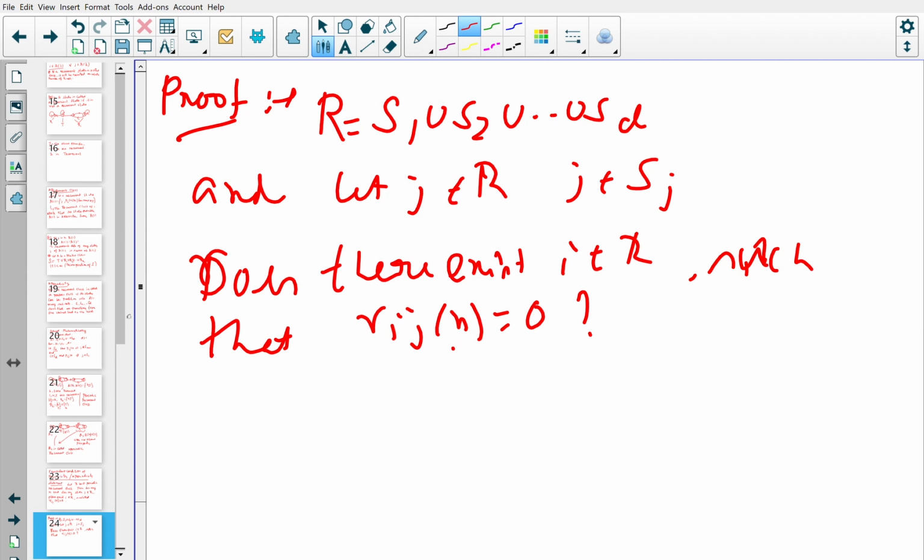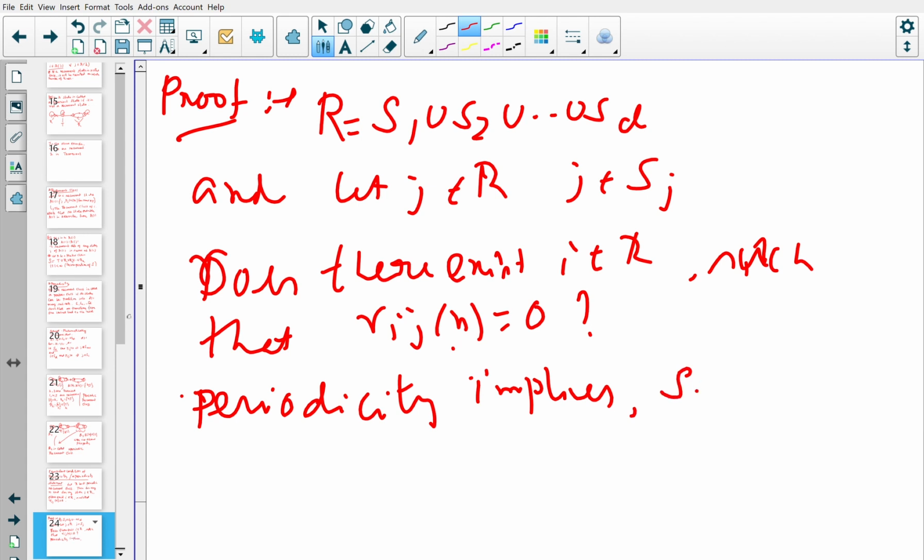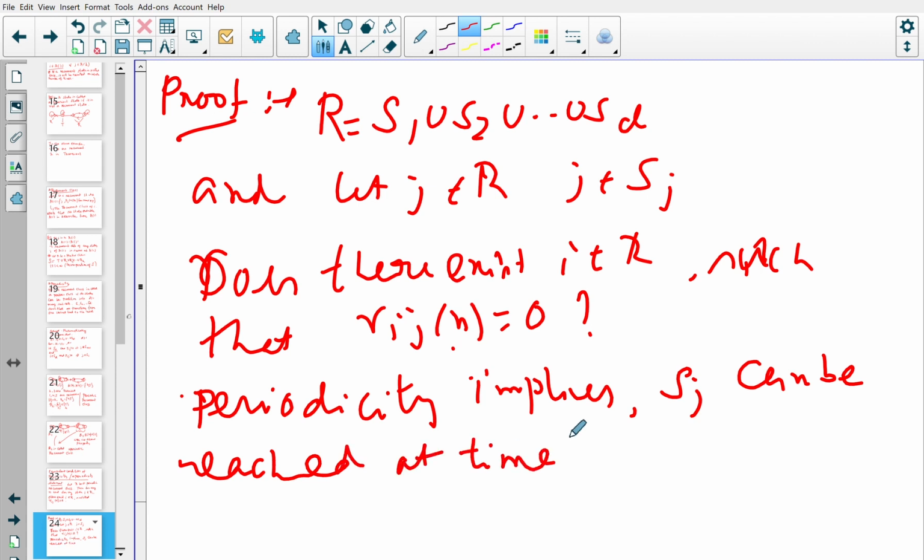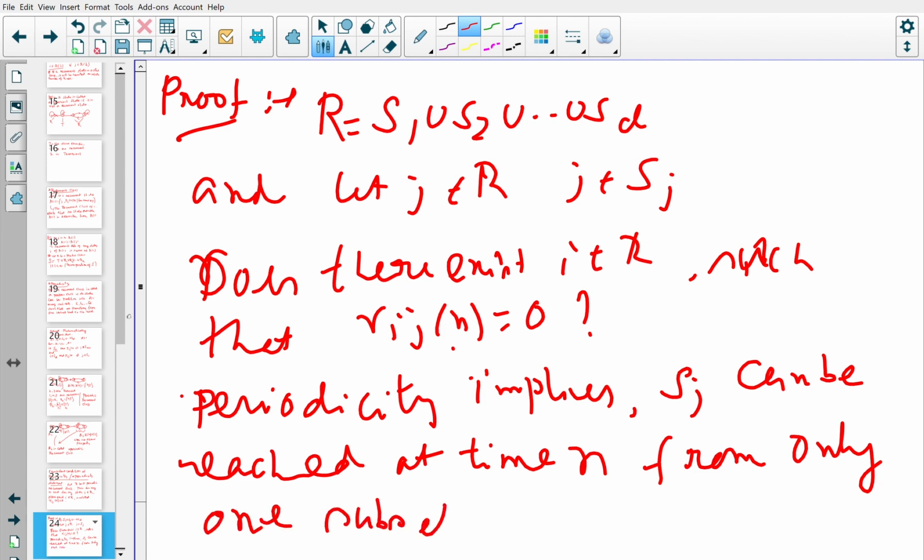That means periodicity implies Sj can be reached at time n from only one subset, say J dash.